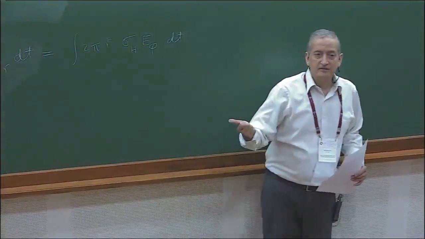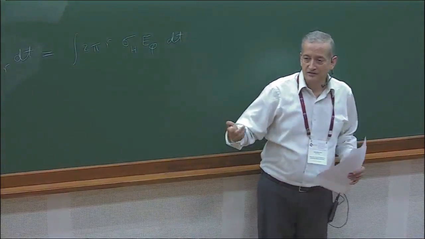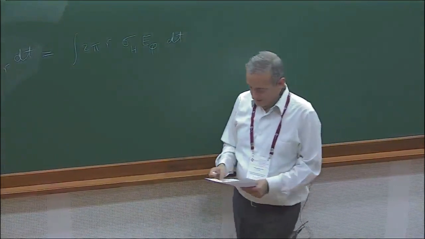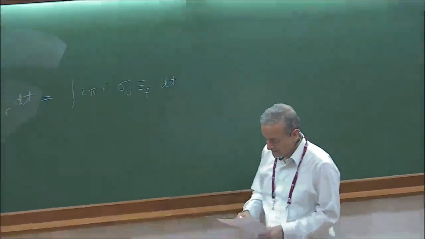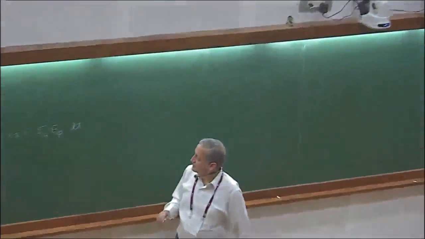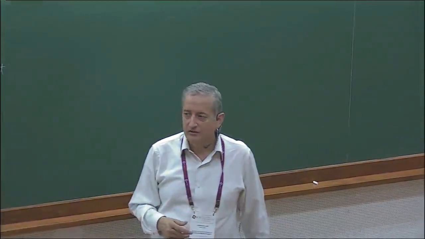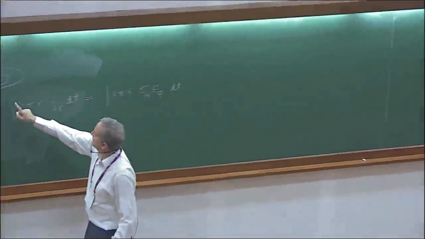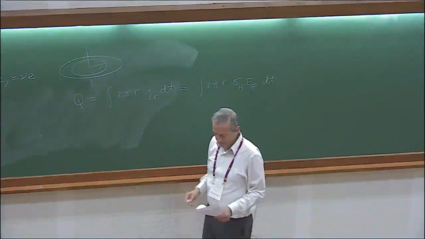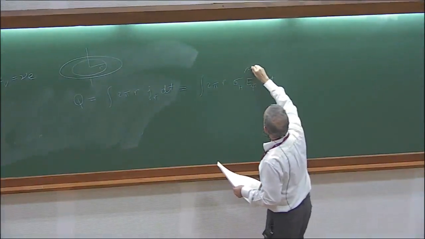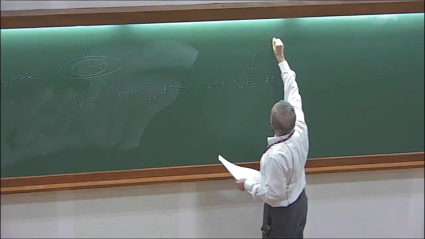Now what is E phi? Where do I get an azimuthal electric field? From the fact that we are changing this flux. There is a time dependence, so that's just Faraday's law. So E phi is equal to minus 1 over 2 pi r, and I think there is a factor of 1 over c, d phi dt.